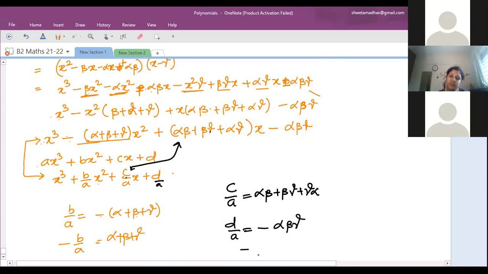So minus d by a is equal to alpha beta gamma. The product of the zeros is minus d by a. Taking the product of two zeros at a time and the sum of all those is equal to c by a. And the sum of zeros is minus b by a. This is how they have derived the relations between zeros and coefficients.